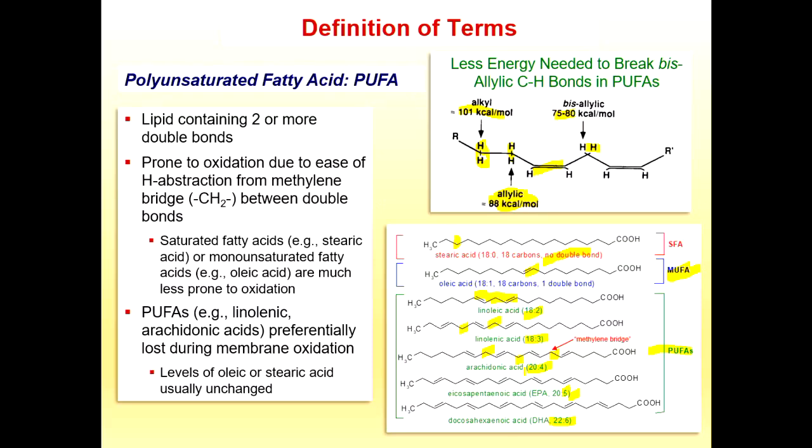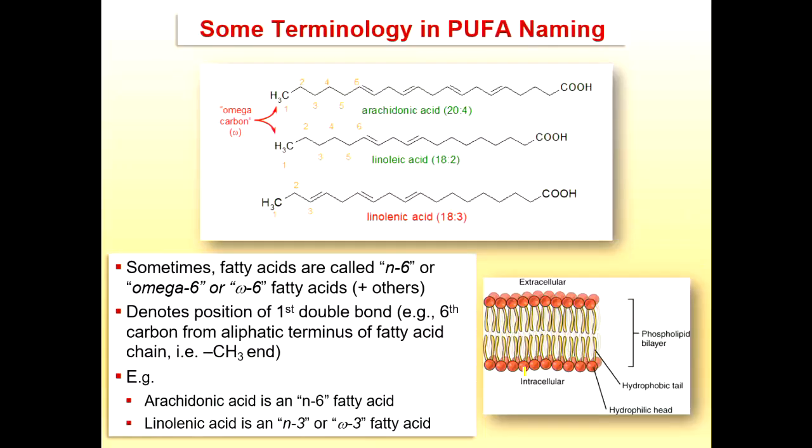If you extract the liver and then extract the lipids out of the tissue of that animal undergoing oxidative stress, you often find selective depletion of these polyunsaturated fatty acids while the levels of monounsaturated and saturated fatty acids don't change. So there's a selective consumption of polyunsaturated fatty acids during this process of free radical attack.